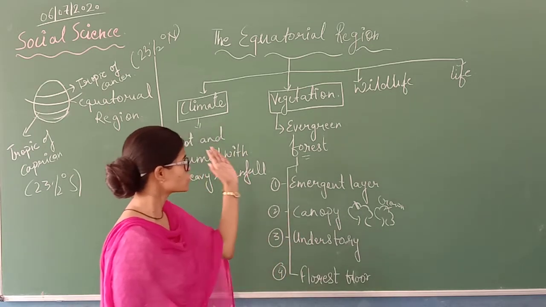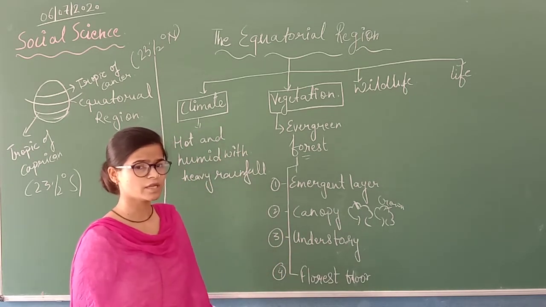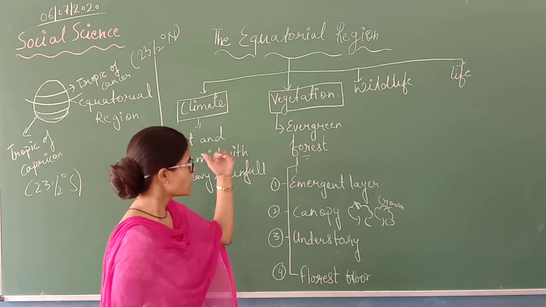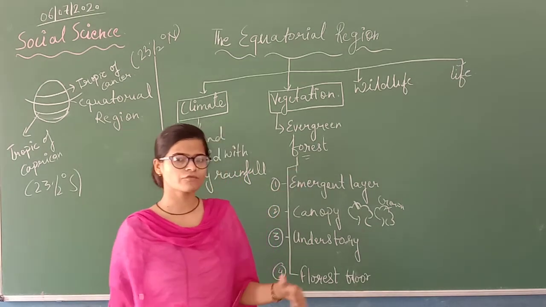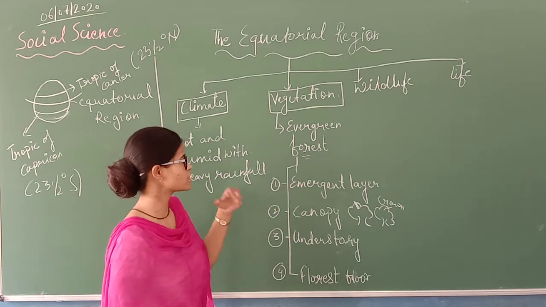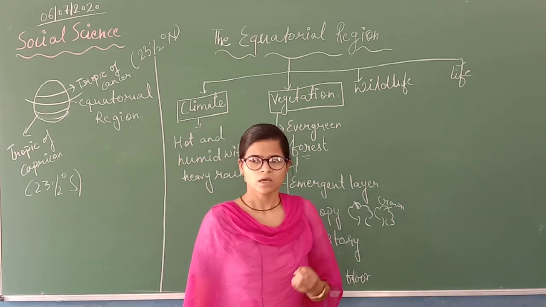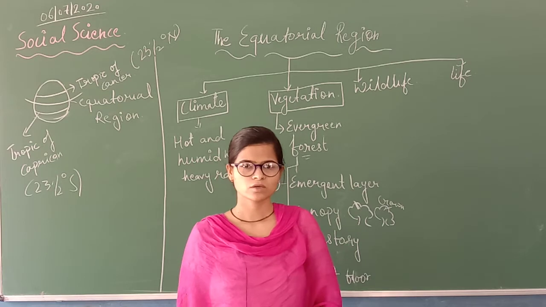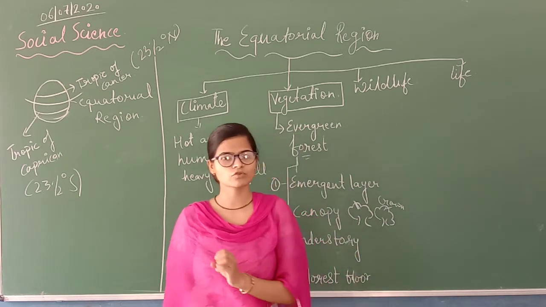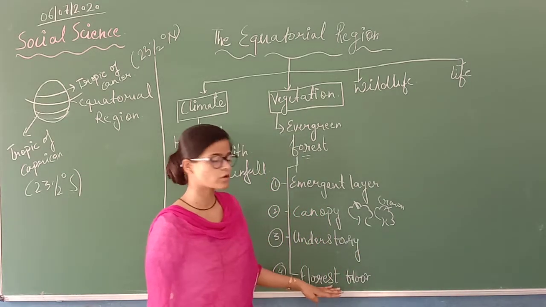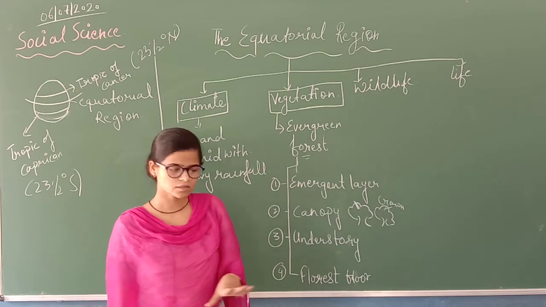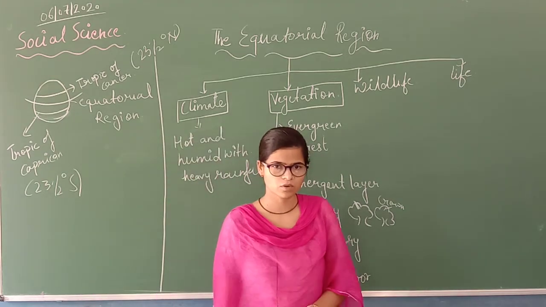Now here, these are the evergreen forests. The density of the forest is so much that the sun rays are not able to reach the last layer, the forest floor, or you can say the ground.